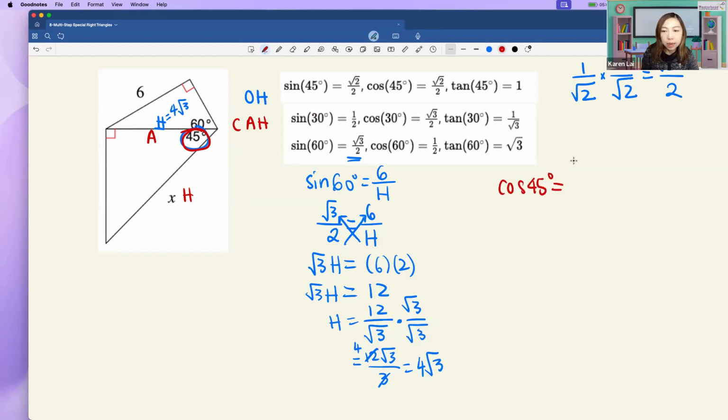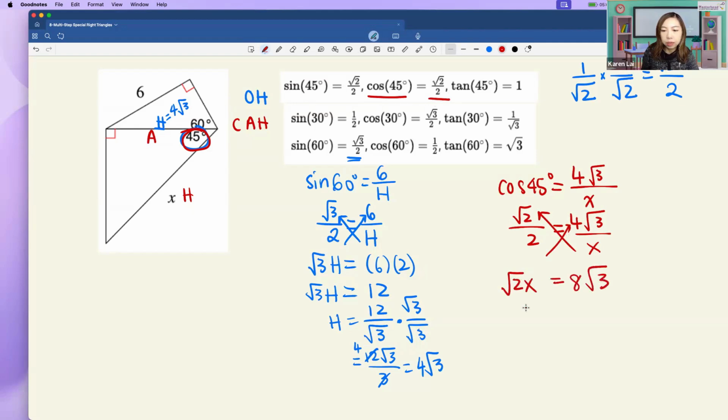The adjacent side would be H, so it would be 4 root 3 over x. Cosine 45 would be root 2 over 2, so again, I will replace that with the fraction. And we have two fractions here with an equal sign between. Cross multiply. Root 2 x will be 8 root 3. x would be 8 root 3 over root 2.